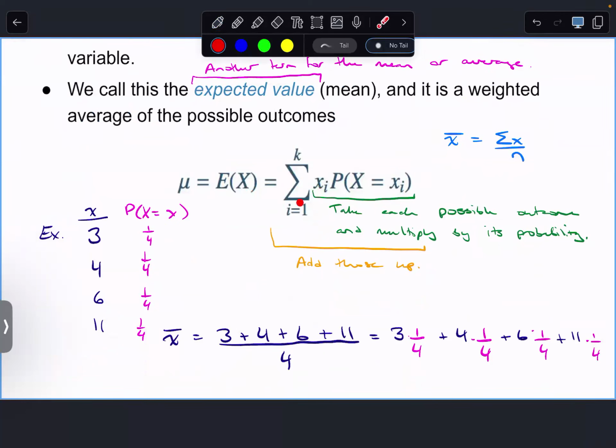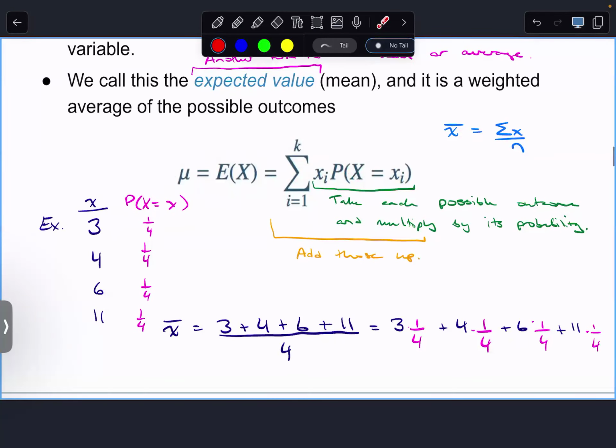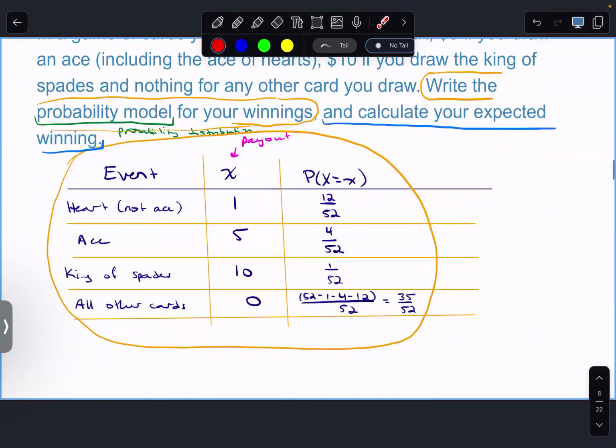So first thing I'm going to do is find X times its probability, and then the next step, I'm going to add those up. So here, in the next column, I'm going to have X times P of X.